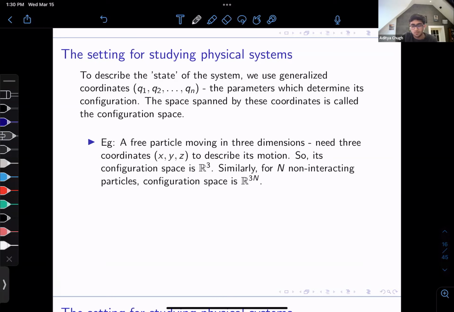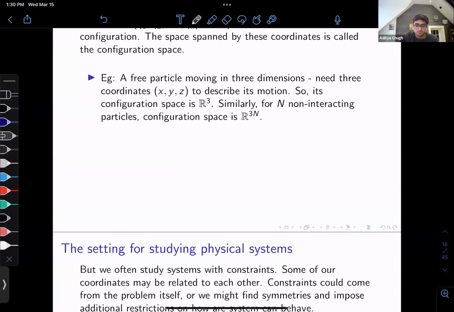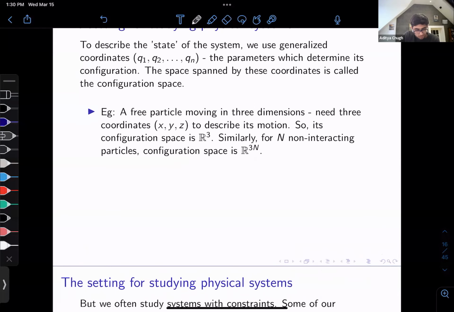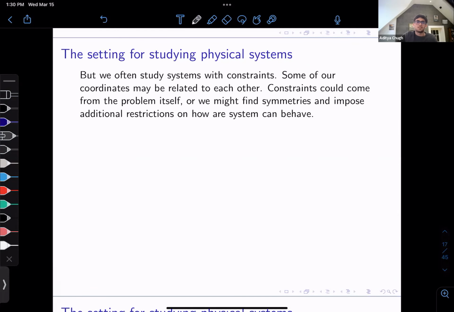But we have systems with constraints. Studying a problem where you have n free particles might be useful, but there are a lot more useful problems which have some constraints, some more specific information on how the system is behaving and how it's interacting with its environment, or there are interactions between the particles and so on.